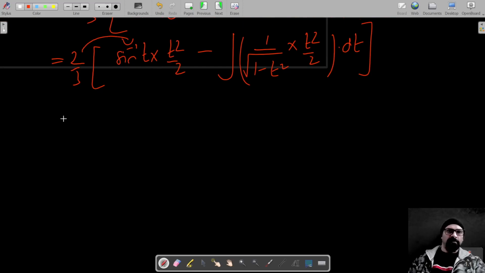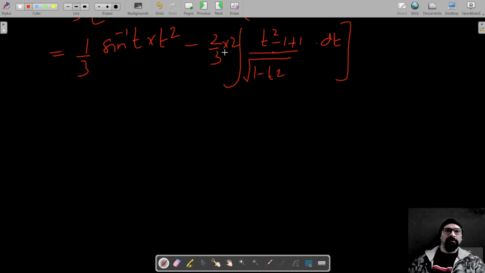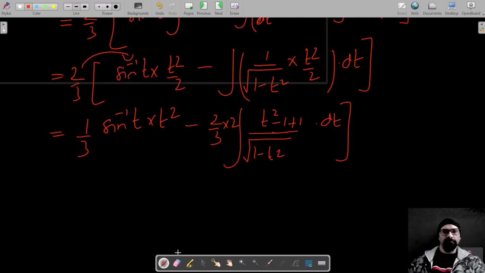So if I multiply this, this is now 2 by 3 sine inverse t into t square by 2, minus 2 by 3 into 1 by 2, and finally we have t square upon under root 1 minus t square into dt, which we integrate.